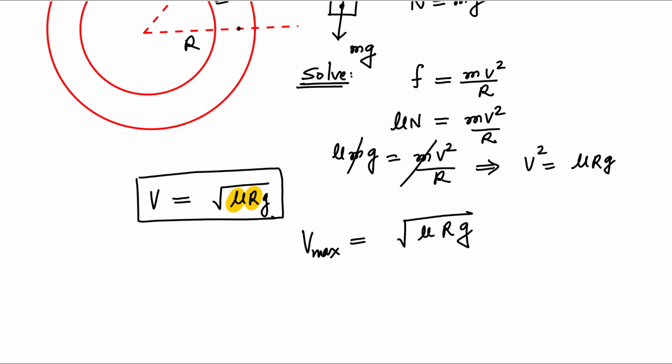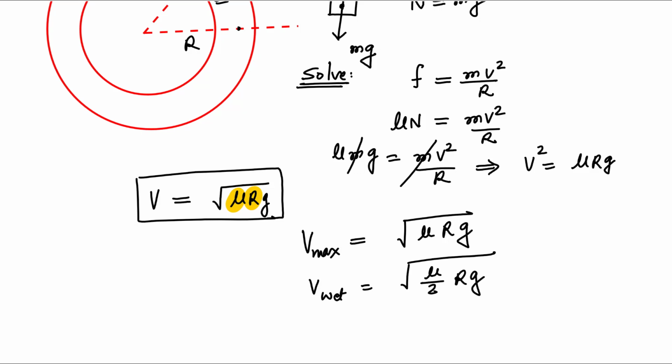When the day is wet, the friction coefficient becomes half of the original. So v wet equals square root of mu by 2 times rg.